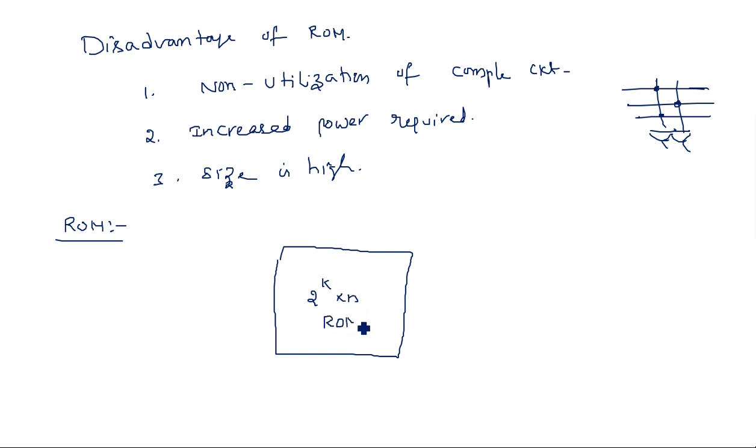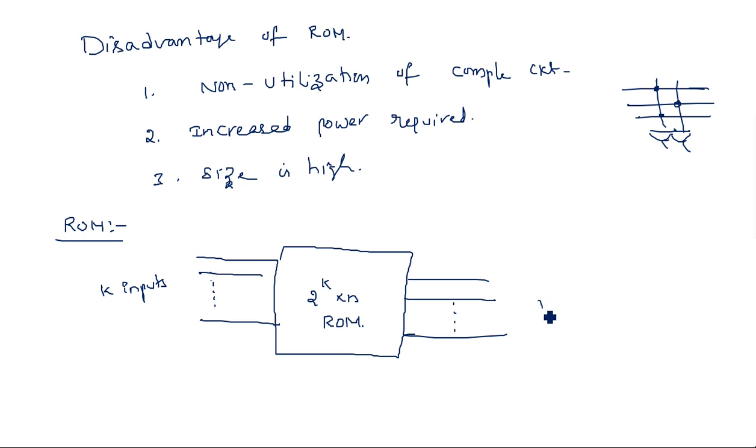This is the size of the ROM, with k inputs and n outputs. Here k denotes the number of inputs and n denotes the number of outputs.